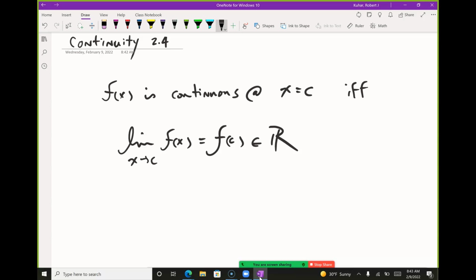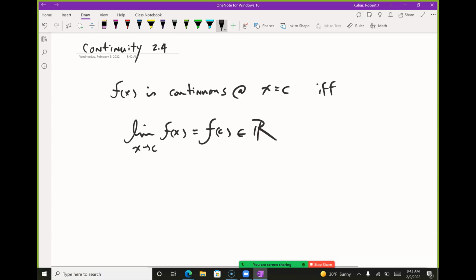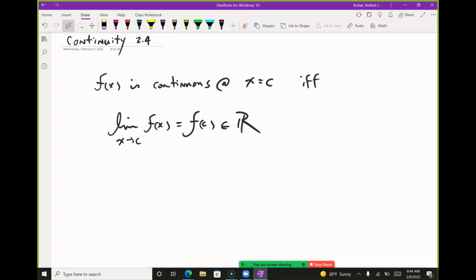And our checklist, so we're doing 2 types of problems. We're going to either show something is continuous or not, or we're going to try and make something continuous. We're going to try and show some piece of this fails for it to be not continuous, or make sure it works for it to be continuous.